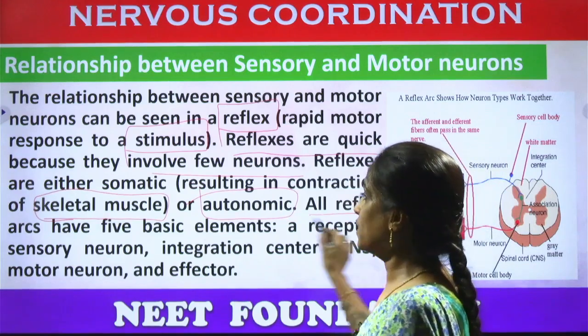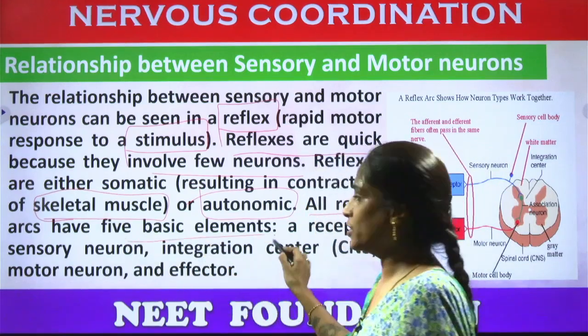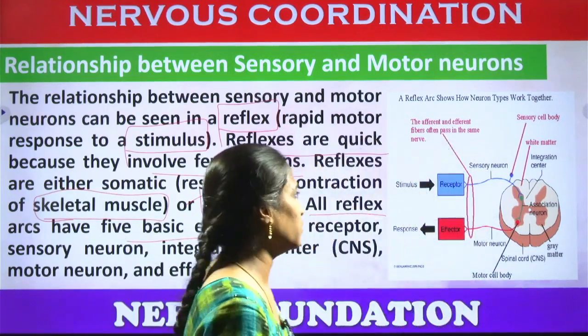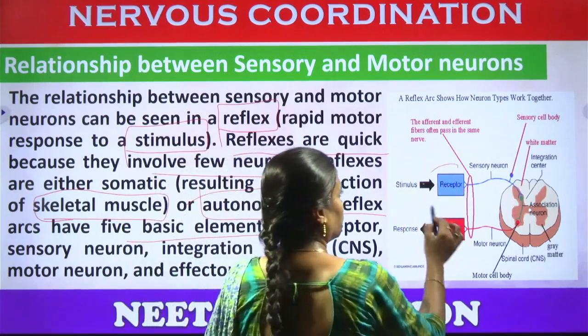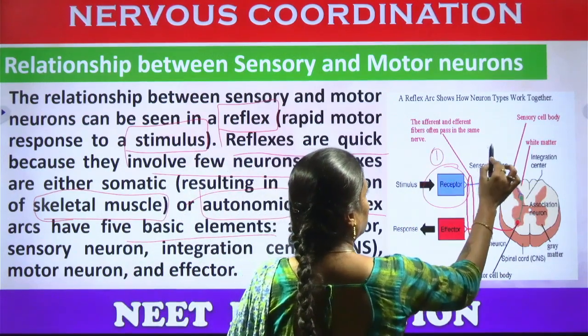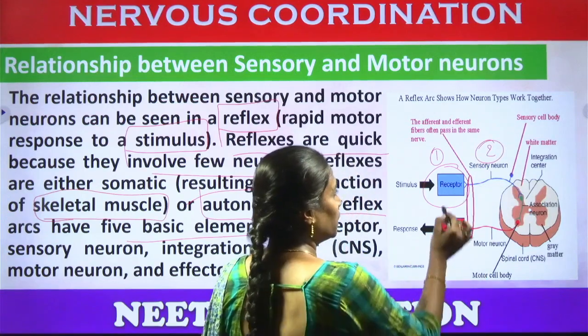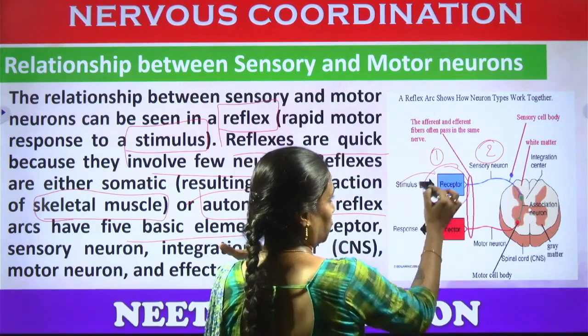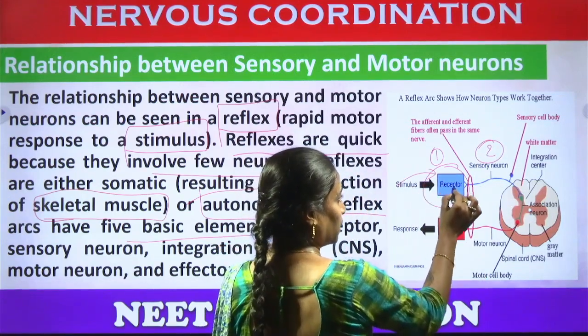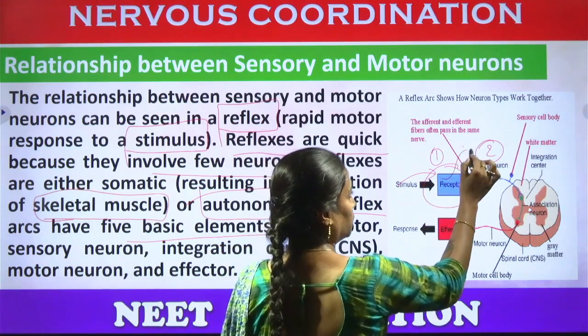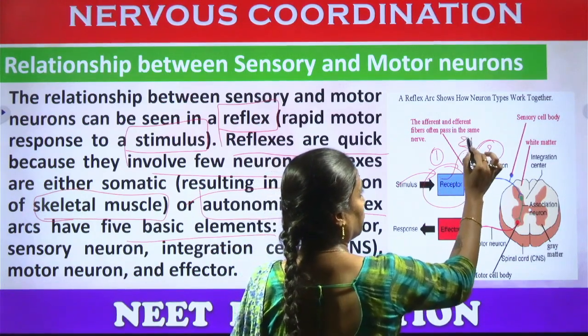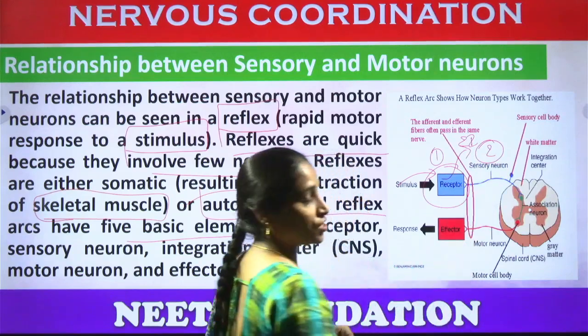So all reflex arcs have 5 basic elements. Already we have discussed. What are those 5 elements? One is the receptor, one more is the sensory neuron. The receptor receives the stimulus. This stimulus generates an electrical impulse towards the sensory neuron.